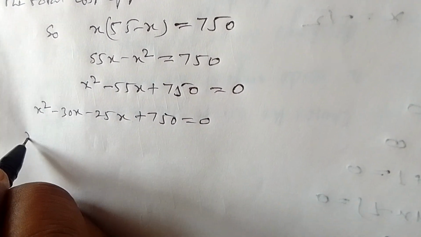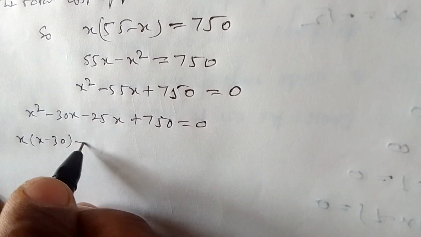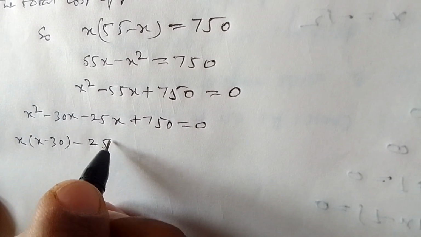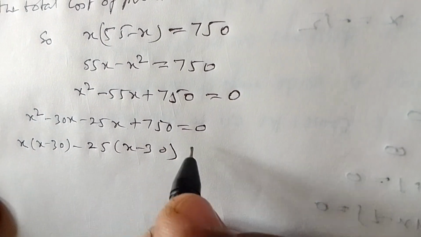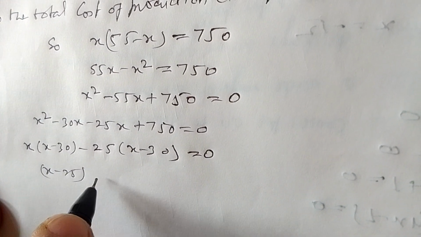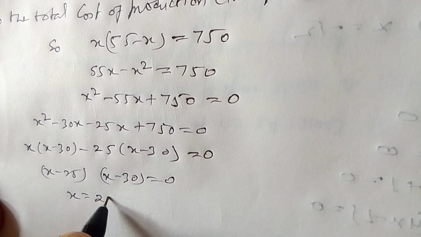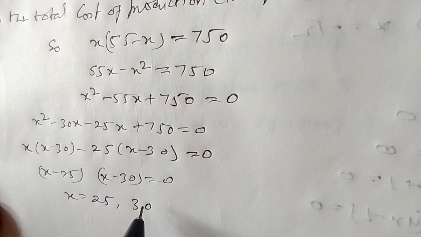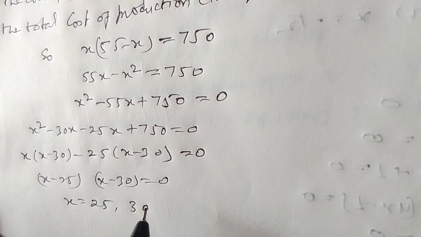So taking x common from the first two terms, it becomes x minus 30, then 25 common, it becomes x minus 30. So equating it to 0, x minus 25 and x minus 30. So x comes out to be 25 or 30. So this is the answer of the second part.